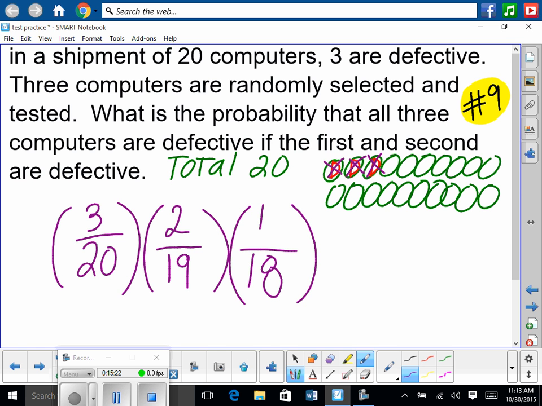Okay, so now this is the probability. We multiply these, right? This is the probability of event 1 times the probability of event 2 given that event 1 already took place. And then this is the probability of event 3 given that those 2 events already took place. Okay? So now you'll multiply those out, and if you multiply it out, you get some weird answer.